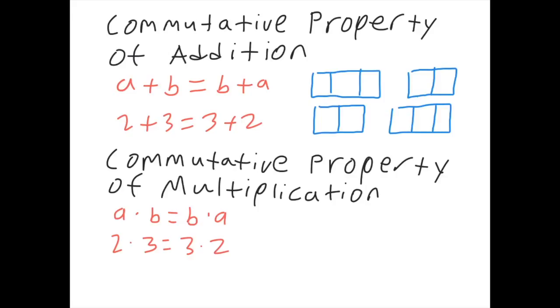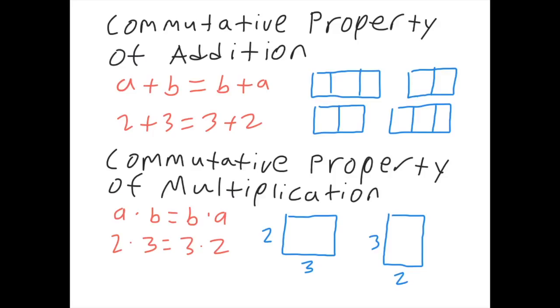Now for the visual people, say we have a box, and we have a width of 2 and a length of 3. Well, let's flip the box a little bit and say it still has a width of 2 and a length of 3.